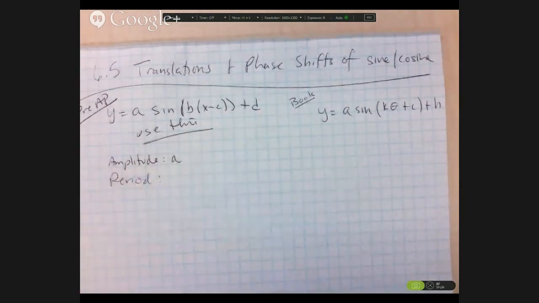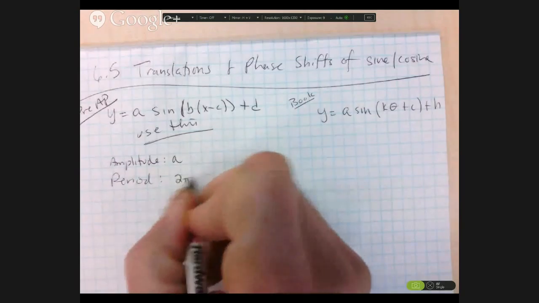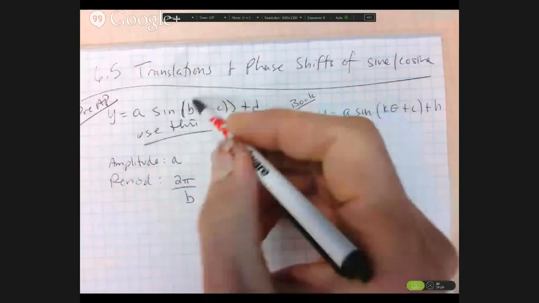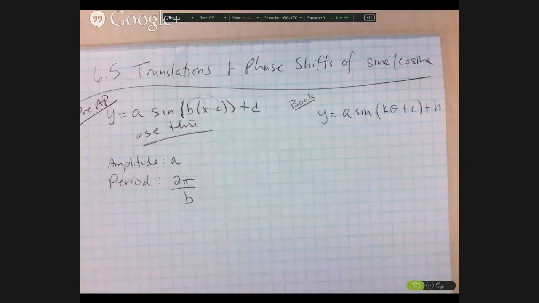It's on the board. 2 pi over b. Because if you distribute this in, it's bx, right? And it matches that. All right.